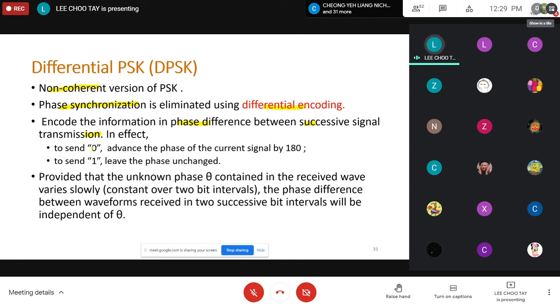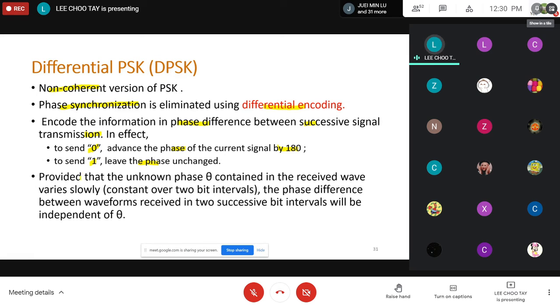Normally we start with a reference phase angle, and to send a zero, for example, we advance the phase of the current signal by 180 degrees. So if the current signal's phase angle is 180 degrees away from the previous signal, that means the current signal is a zero. And if the phase of the signal remains unchanged, that means the current bit is a binary one.